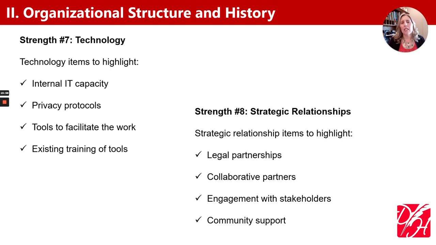It might mean slightly less formal collaborative engagements. It might mean community support. There is a wide range for what that really will mean for strategic relationships in your organization. But those relationships can be what helps to set you apart from another organization.